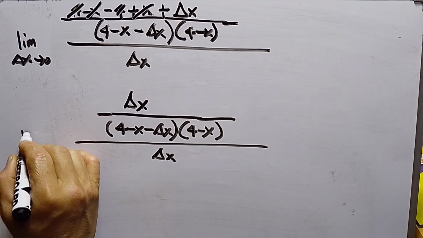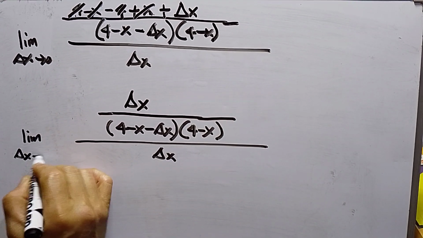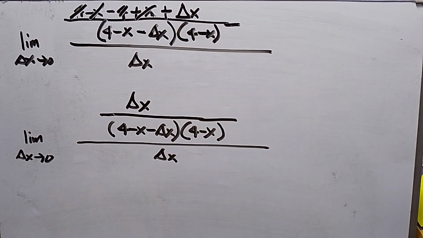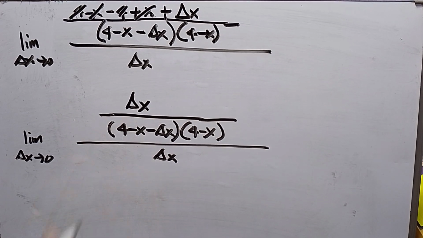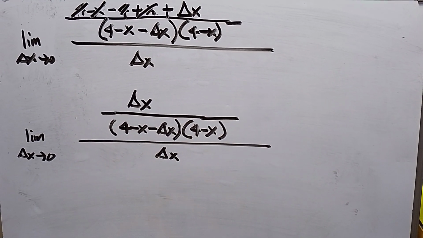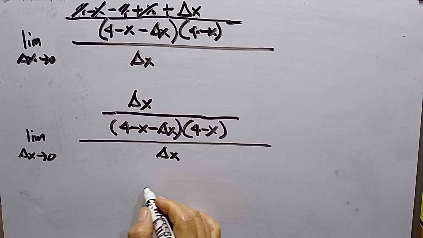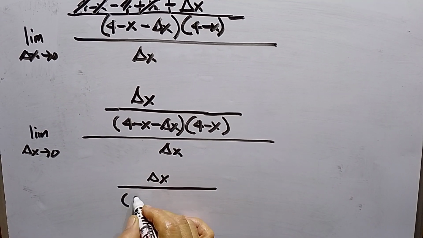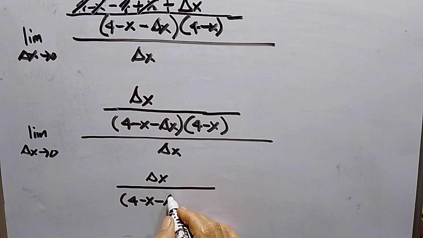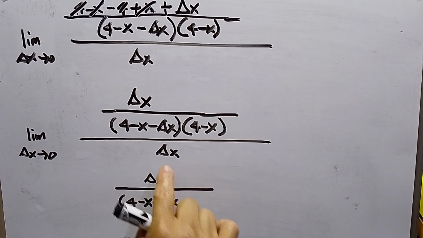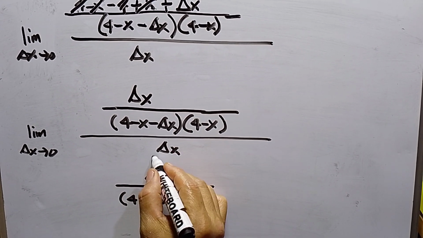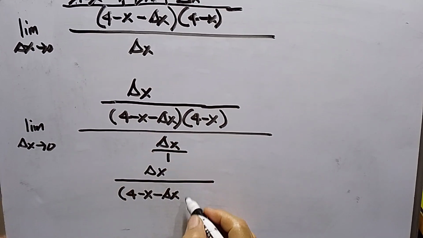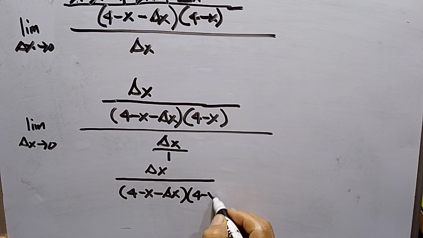I need to simplify this complex fraction. Take note there is no denominator for delta x, so I can put here 1.